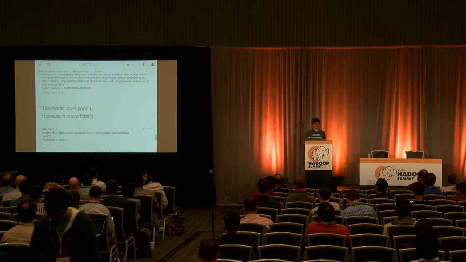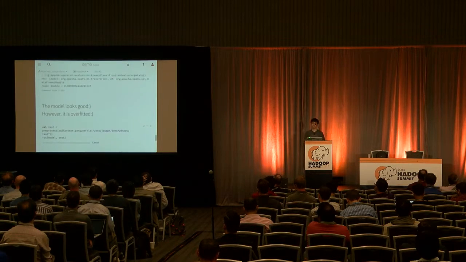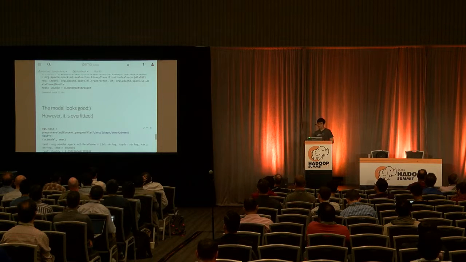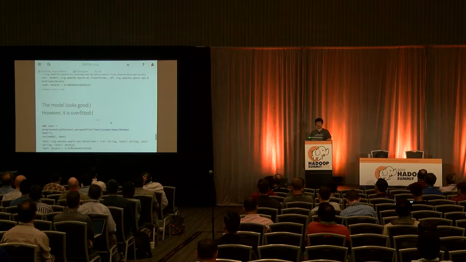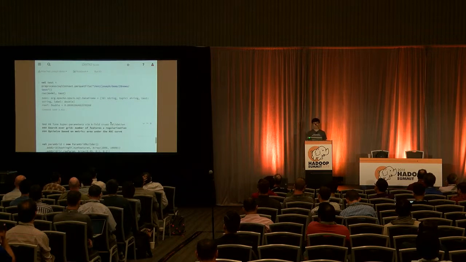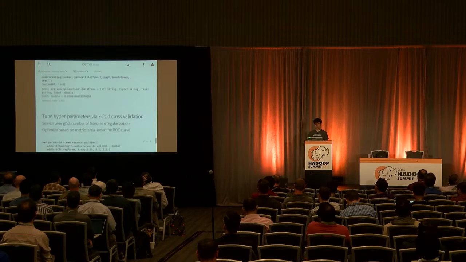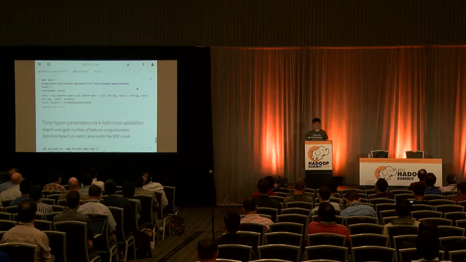And the way to see that is to compute this ROC metric on the test data, where we get 0.899, significantly worse. And so, of course, we can do better than that. And the point is that we can now use this pipeline to do cross-validation, tuning these hyperparameters by searching over a grid of the number of features and the regularization.